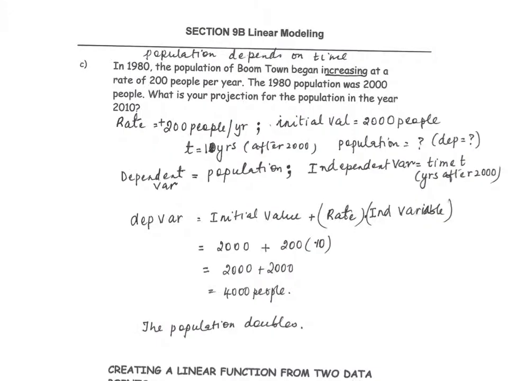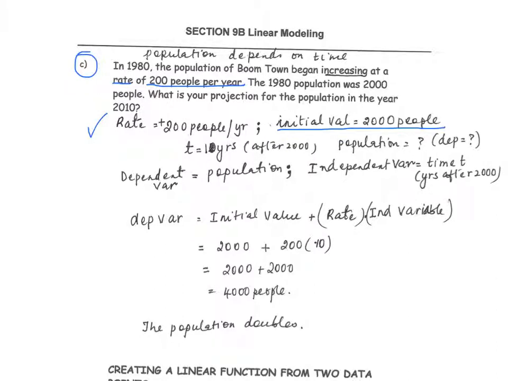Now, the next part of the question. In 2000, that is at the beginning of time, the population began increasing at a rate of 200 people per year. So the rate is 200 people per year. The population at that time was 2,000 people, the initial value.